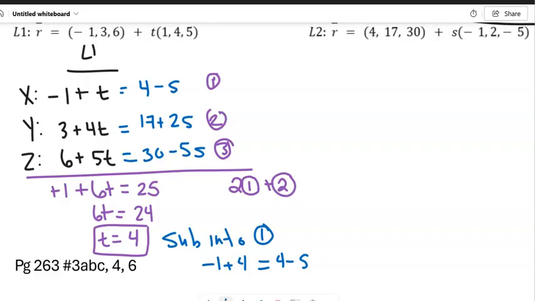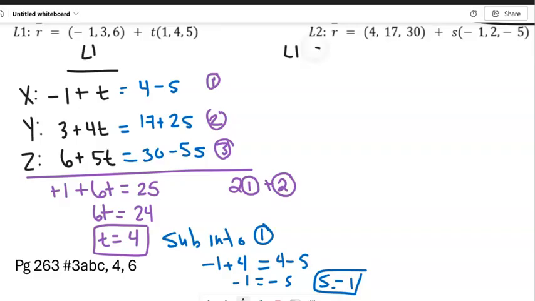Well, this is telling me that negative 1 equals negative s, so s must equal 1. Okay, now I know the value of s and t when this is happening, so I'm going to sub that into line 1 to figure out the point of intersection, and then line 2.